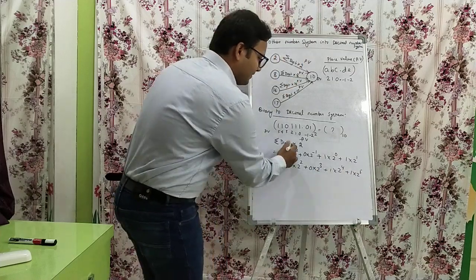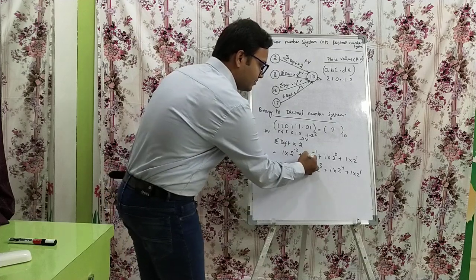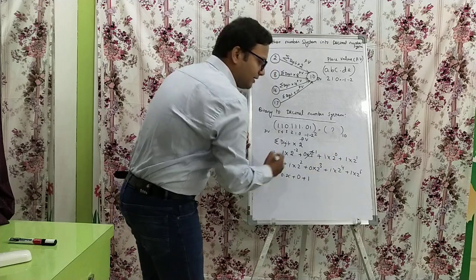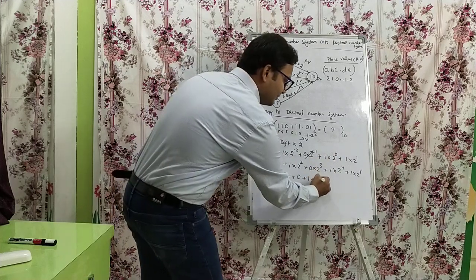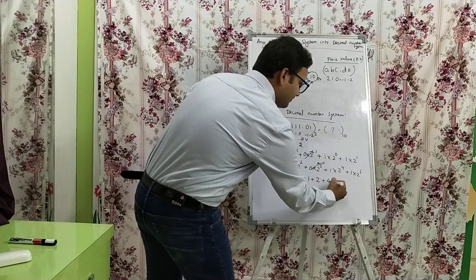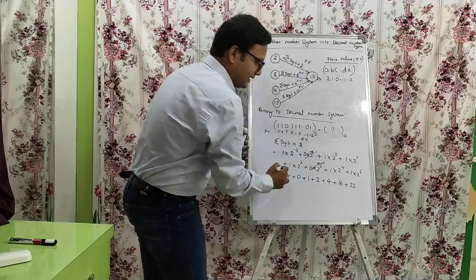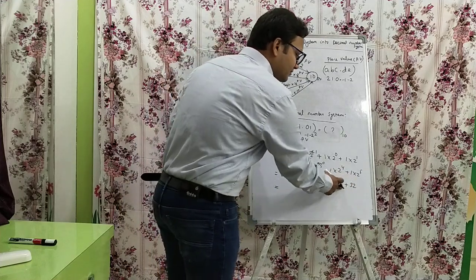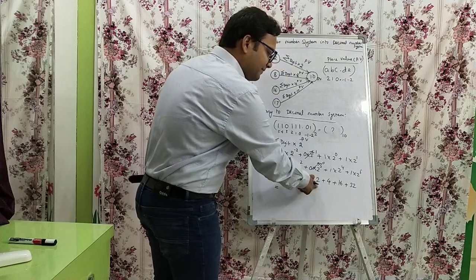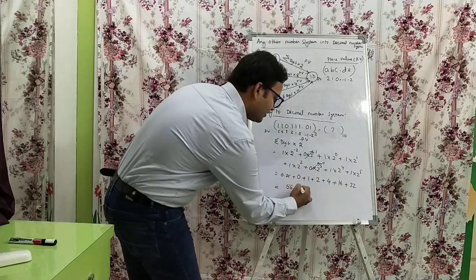Next, 1 by 4 which is 0.25, 0, plus 1, plus 2, plus 4, plus 0, plus 16, plus 32. Now add all the things: 32, 38, 48, 52, 54, 55.25.